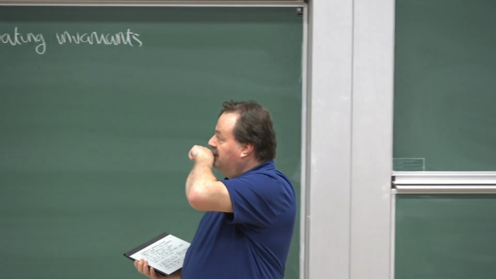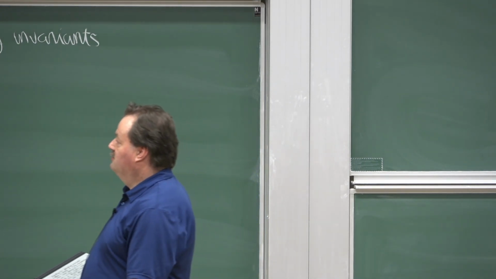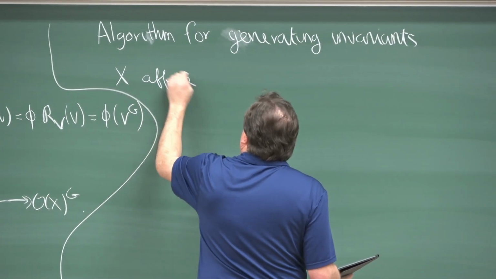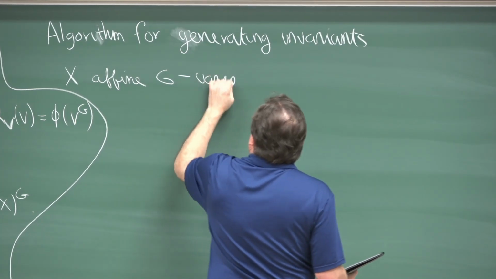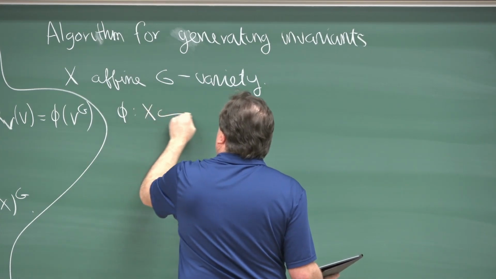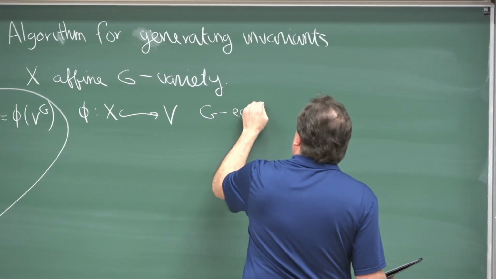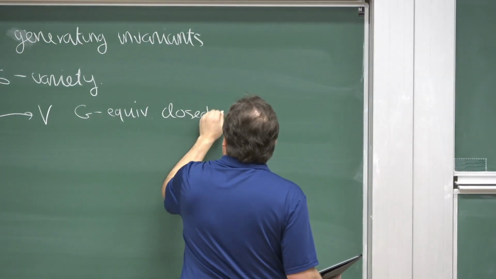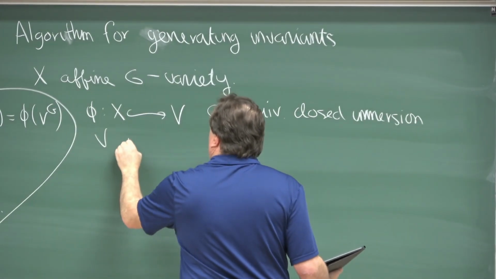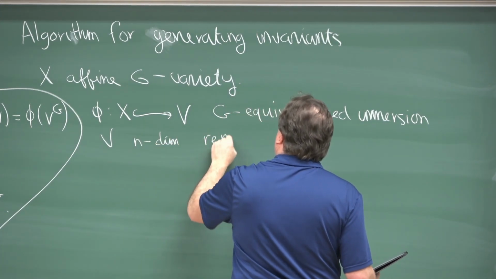We can reduce the general case to the case of a representation using this Reynolds operator. Again, if X is an affine G-variety, then we have seen that we have a G-equivariant closed immersion into V, where V is an n-dimensional rational representation.